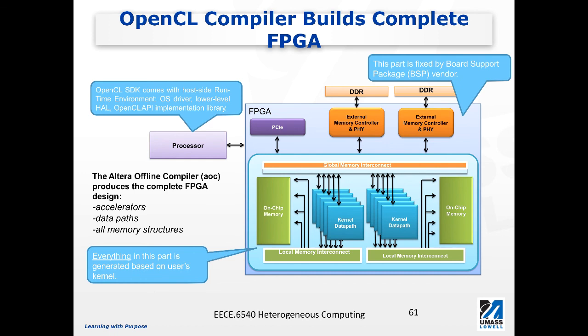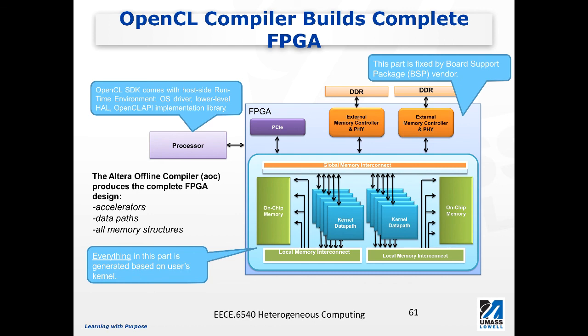On the FPGA side, as you can see, in order for this FPGA to talk to the processor, you actually have to have a little bit more than just the kernel function you write. You have to have the interface controllers, in our case the PCIe controller. You need to have memory controllers to talk to the external memory, which is in fact the global memory.